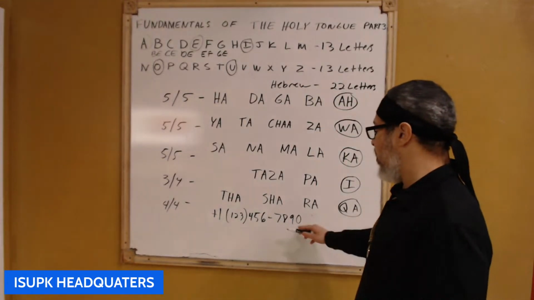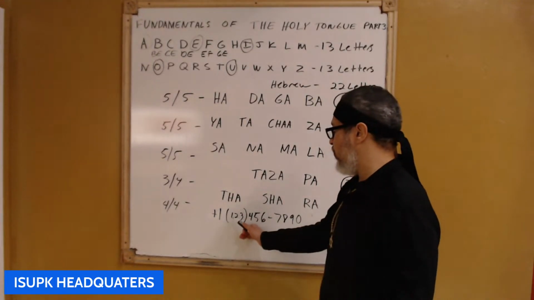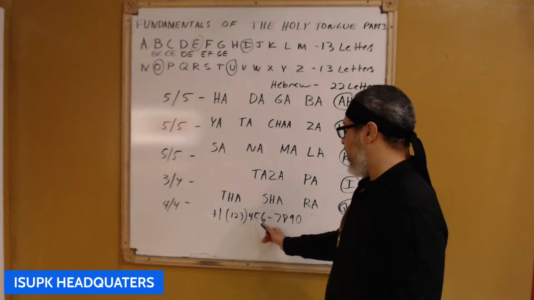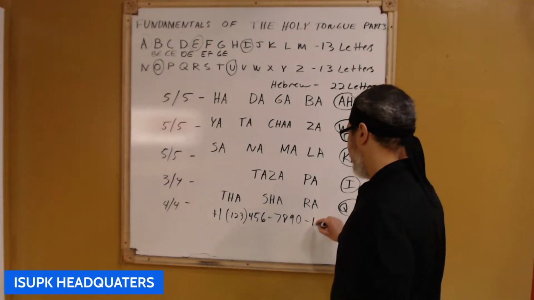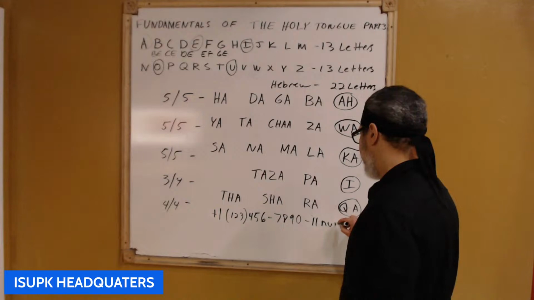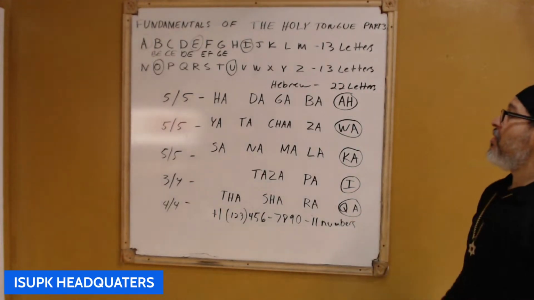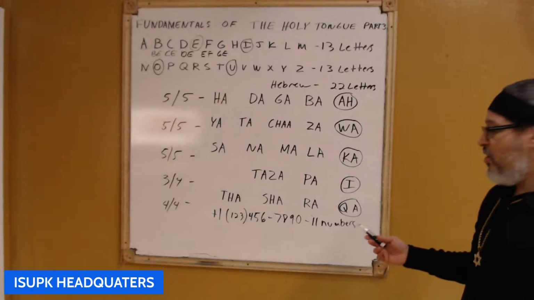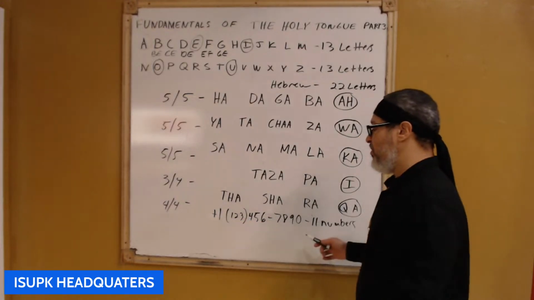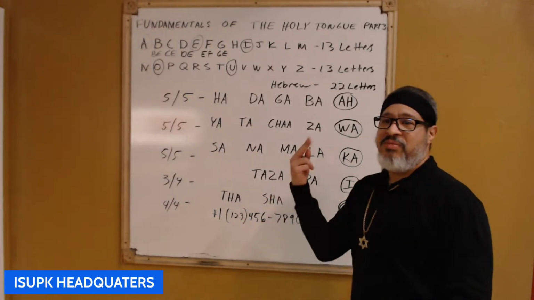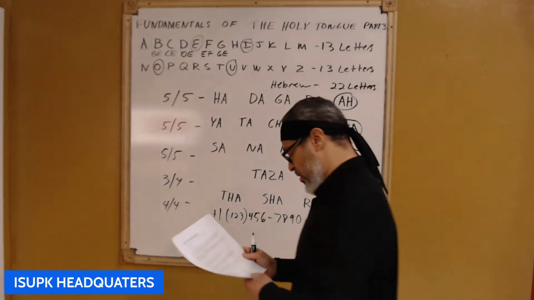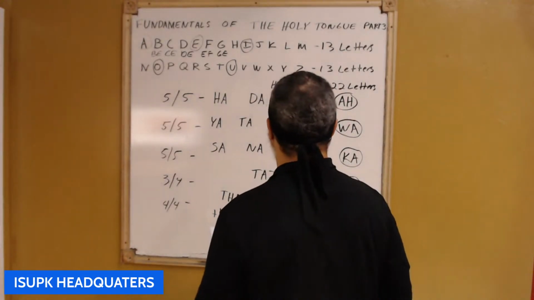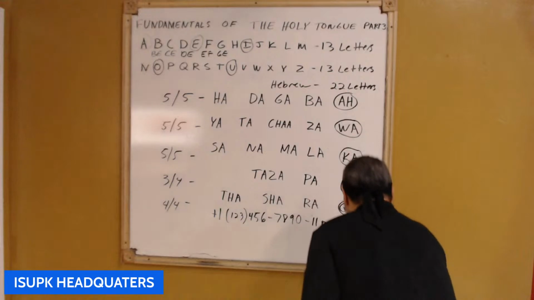So if you actually count the numbers here, that's 1, 2, 3, 4, 5, 6, 7, 8, 9, 10, 11. So this is 11 numbers. So if it's easier for you that you could memorize phone numbers, essentially you have to memorize 2 phone numbers in terms of the sounds. Okay, so that would be, I wrote 11 across.